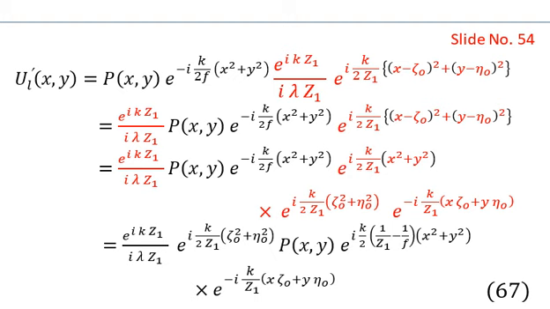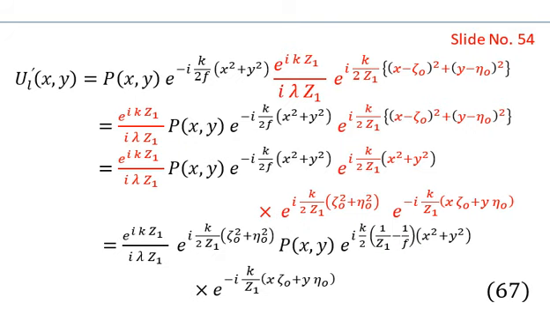So this is the exponent that is combining two terms, 1 over z1 and 1 over f, and you know that we have zeta naught square plus eta naught square, and we have some other terms which are the product terms. For example, x into zeta naught plus y into eta naught, as obvious in the second row of equation number 67. So you see that we have now simplified the field just after the lens.